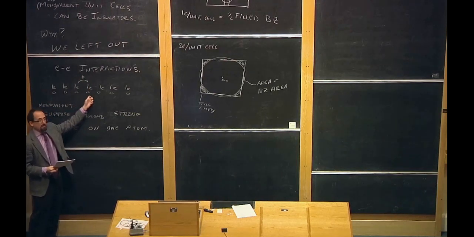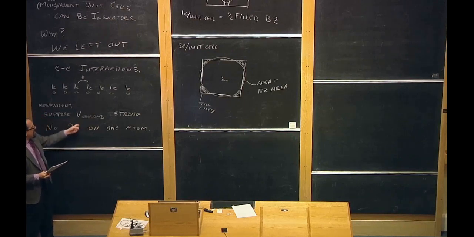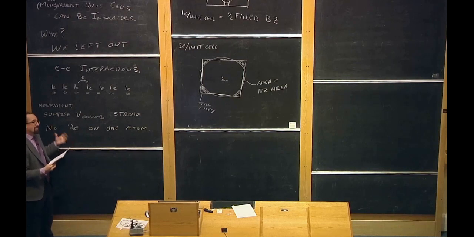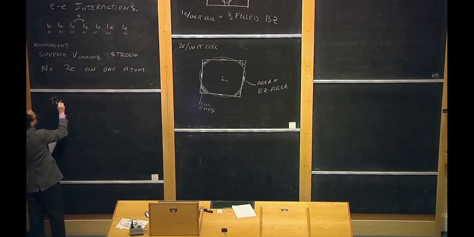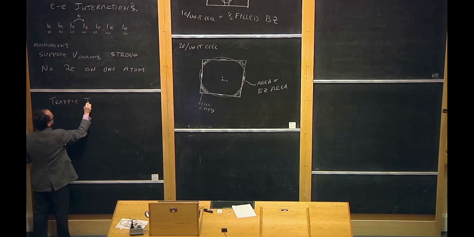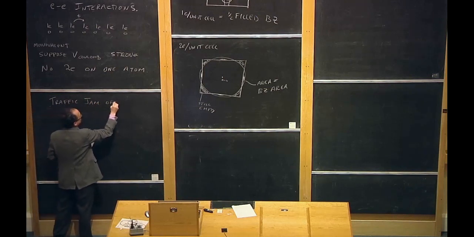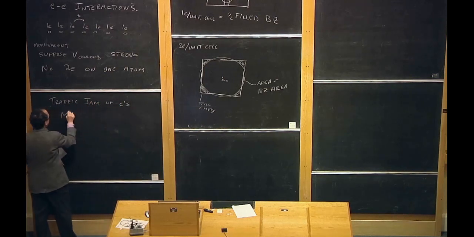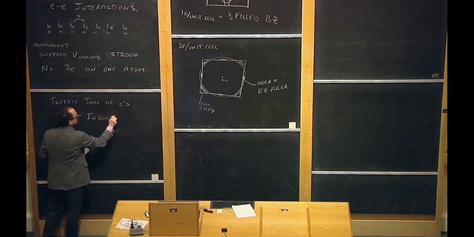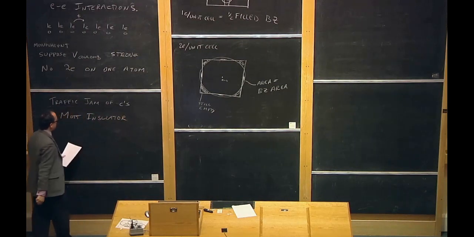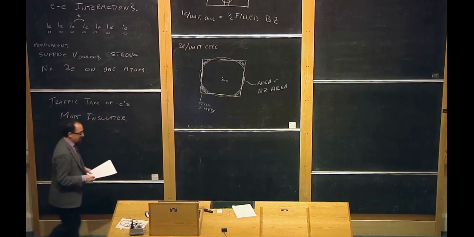He can't, because there's someone already sitting there, and the Coulomb interaction is preventing you from having 2 electrons on one site. High energy from having 2 electrons on one site because of the Coulomb interaction, so you can't hop. So what you get is effectively sometimes called a traffic jam of electrons, more frequently known as a Mott insulator, after Neville Mott, a British Nobel laureate who described it for the first time.